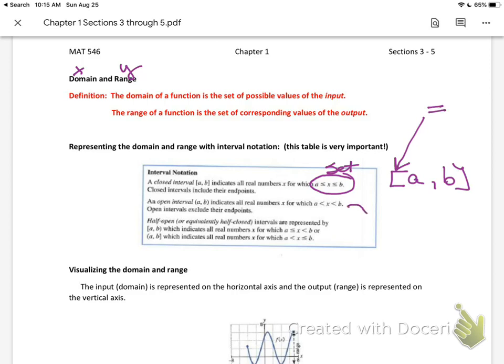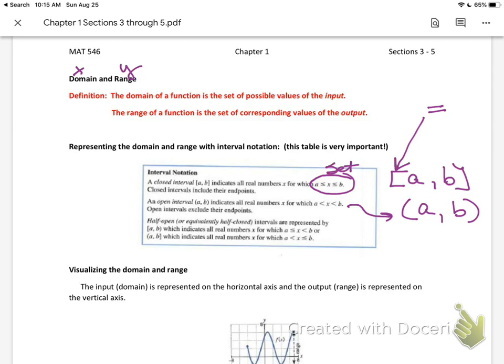Okay, as opposed to, look at this. X is greater than A but less than B. You are going to use a paren because that indicates that you can have values up to but not including A. So that is really critically important. You could have half open or half closed, depending on how you view life.